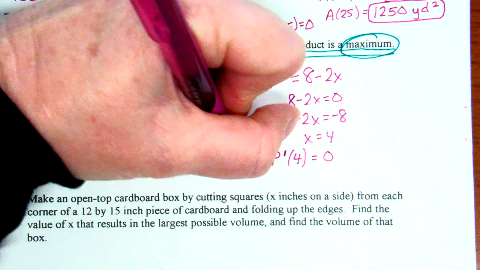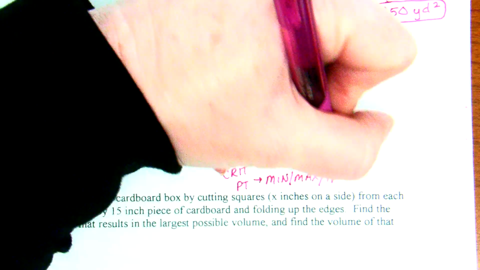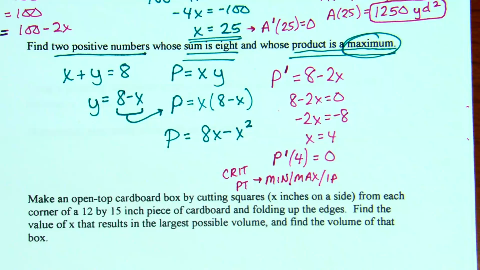Officially, this critical point could be a min, max, or inflection point. So this is why you don't just stop here. We have to kind of prove it. How can I prove it? Yeah, we can use the second derivative test again and prove it that way.